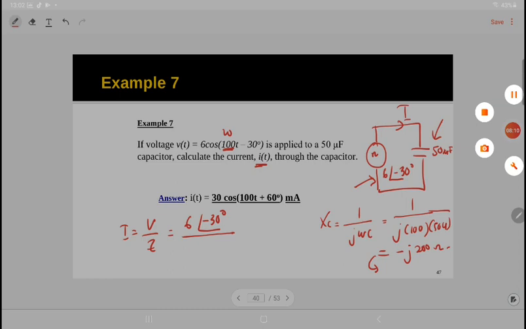XL is the reactance for an inductor, and XC is the reactance for a capacitor. If you get a positive X, that means your reactance is an inductor, right? If you have a negative X, that means your reactance is a capacitor.